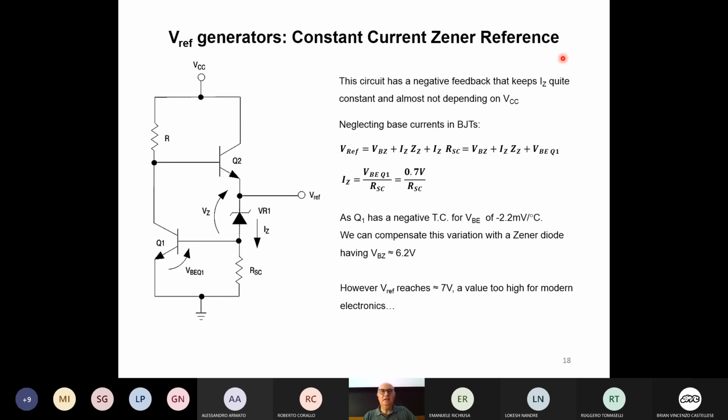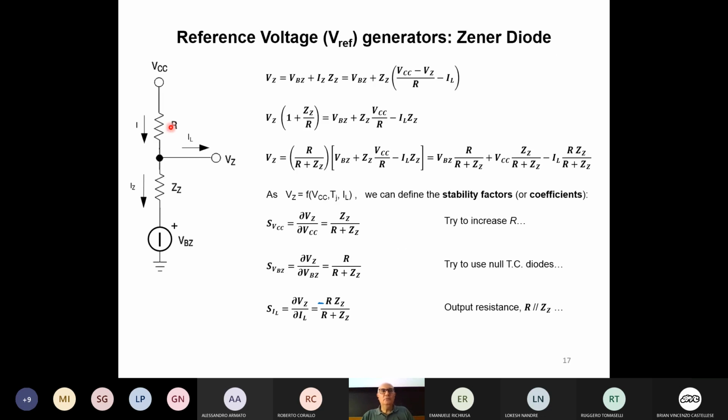Basically, what we saw, if we go back to the previous slide, is that one way to have a stable output voltage, not depending on the VCC, is to introduce a current generator here instead of R. The standard way could be to use the so-called current mirror, which is a combination of two transistors. I hope that you studied the current mirror somewhere. I know about people from Palermo, I'm not sure about other students.